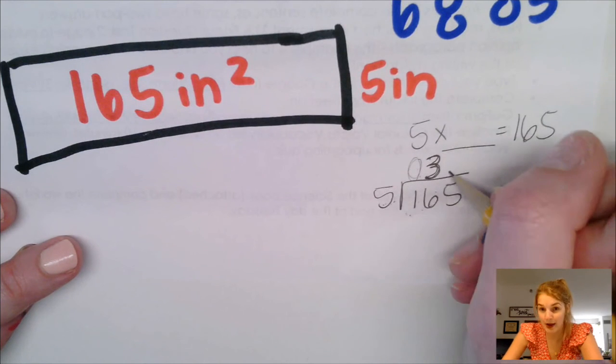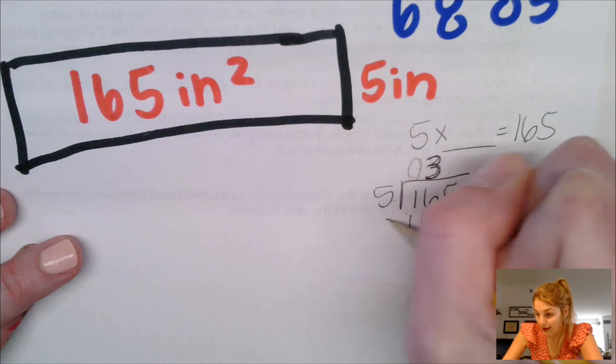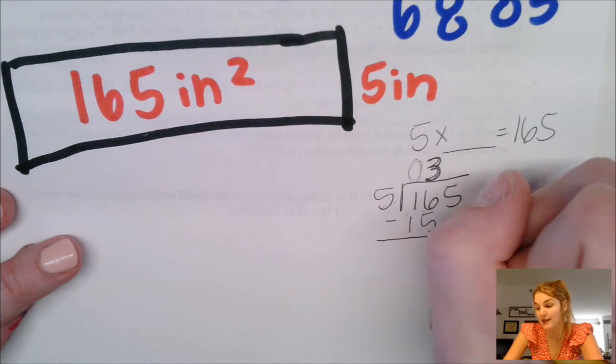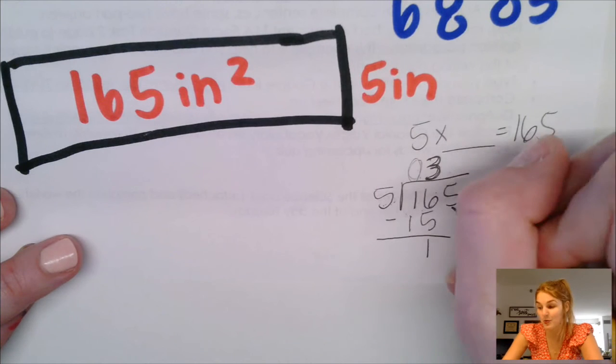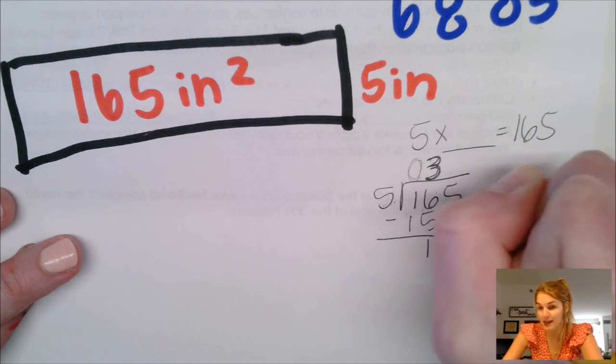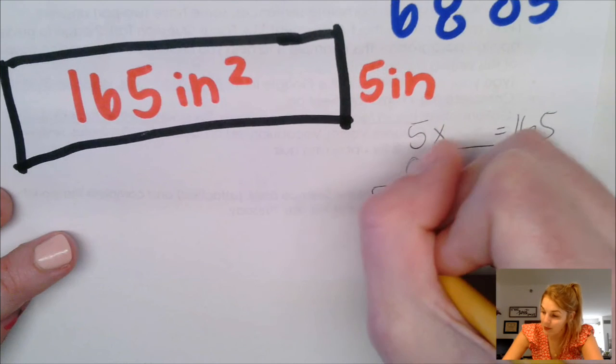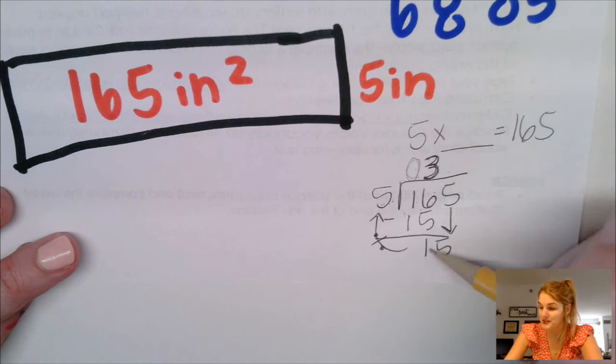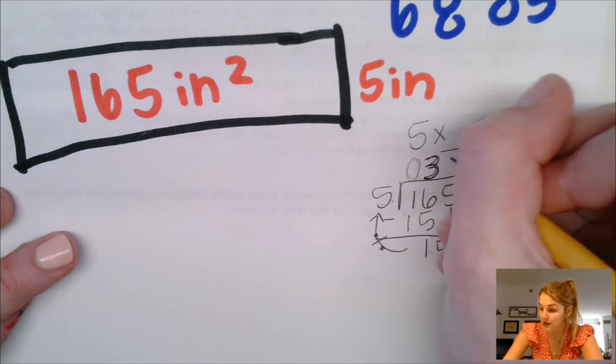So multiply. Subtract. 6 minus 5 is 1. Remember, bring it on down and bring it on back. That's when we divide. 15 divided by 5 is 3.